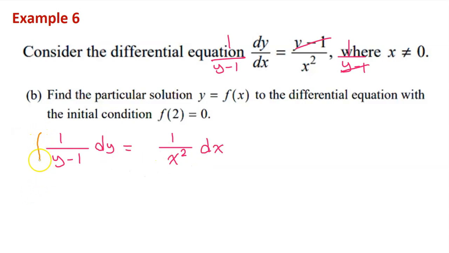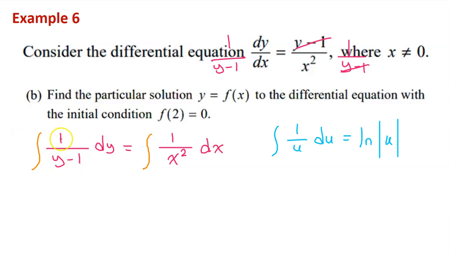Now that we have separated the variables, we can integrate both sides of the equation. Technically, I'm doing a mental u substitution to find the antiderivative on the left side of the equation. I'm thinking of this as 1 over u. If u is y minus 1, then u prime is just 1.